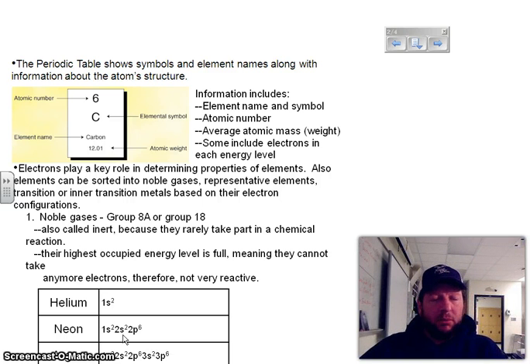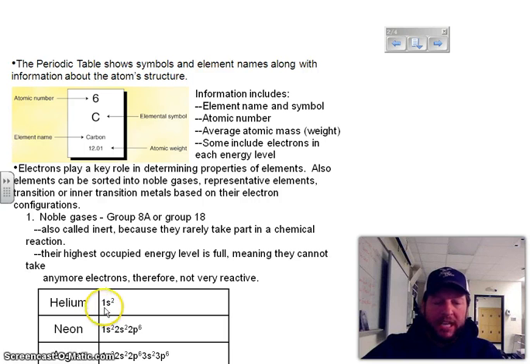We'll get more into that when we talk about bonding, but just keep in mind that in the 1s orbital there are 2 electrons, in the 2s orbital there are 2 electrons, and in the 2p orbital there are 6 electrons. Then argon, as you can see, 1s2, 2s2, 2p6, 3s2, 3p6.